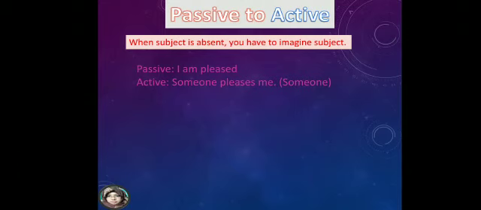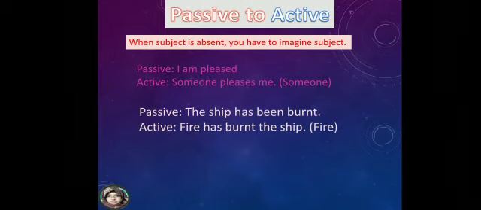Well, next one is, the ship has been burnt. Generally fire is the reason of burn, so here we imagine the subject is fire. You may have one question, where is been? Been is withdrawn here because it's active form. So the active voice is fire has burnt the ship.